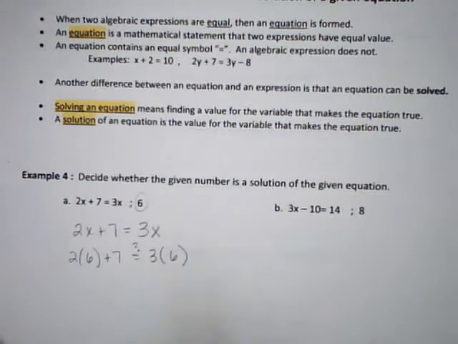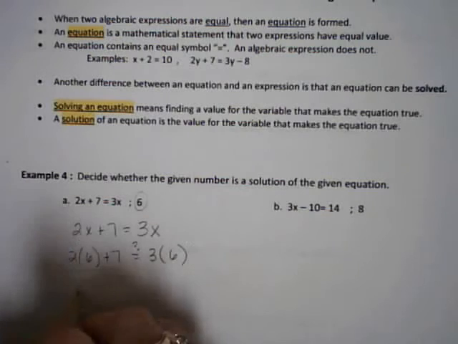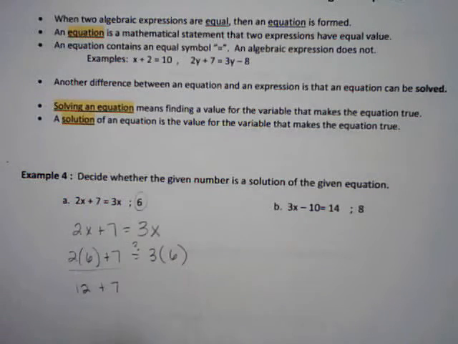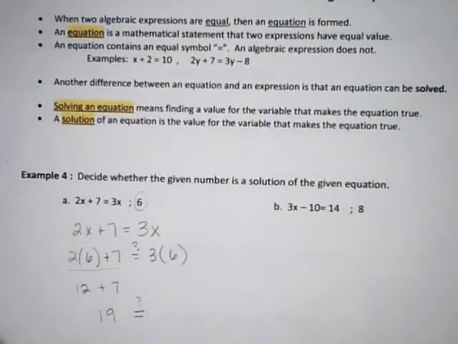Order of operations: if I look on just this left side, multiplication first, 2 times 6 is 12. 12 plus 7 would be 19. Does that equal what I have on the right side of this equation? 3 times 6 would be 18.